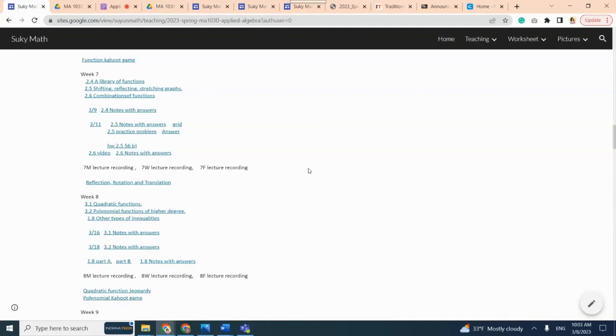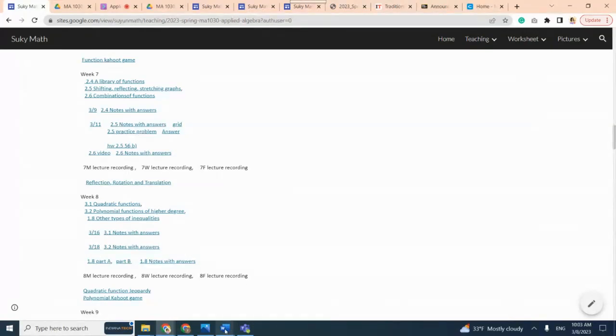Up and down. Use your hand. Okay, let's do math exercise. Left, right, and then reflection, reflection, stretch, up, down. So your muscle can remember it, right? Okay, let's continue.